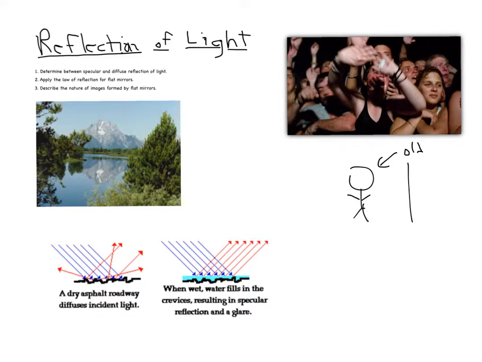You always see an older version of yourself, and that's because it takes several nanoseconds for the light to travel from your face to the mirror and back. So you always will be seeing a version of your face, a version of your body as it existed in the recent past. Several femtoseconds before, however small the time unit, it still is in the past. So that's kind of crazy.